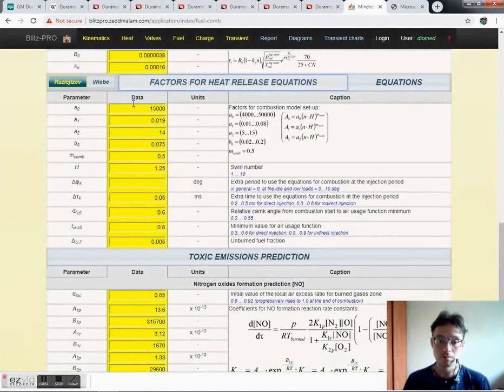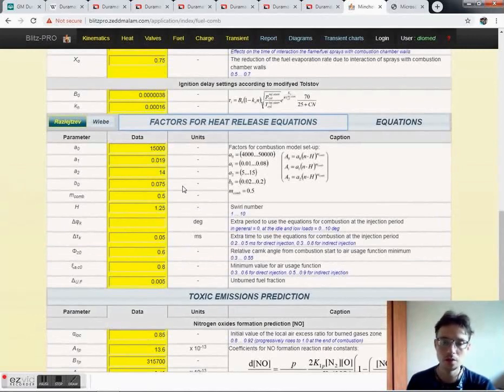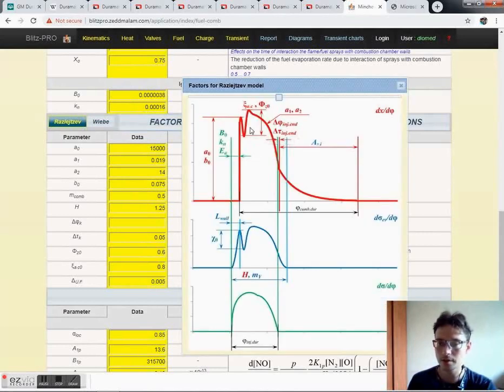So this setup will help to make the proper calculations, and if we need some changes, we can just alter these values to get better results. A1 and A2 are used to simulate the combustion at the fuel injection phase and some afterburning process.